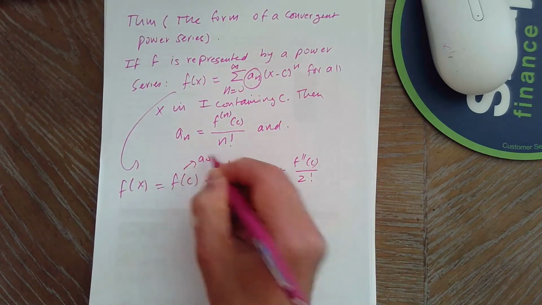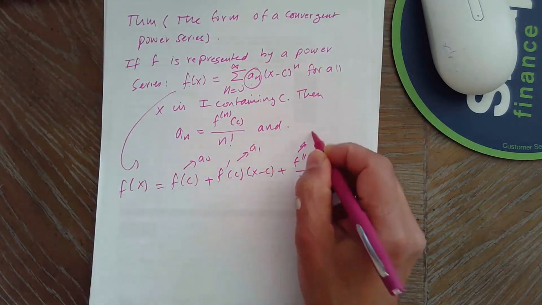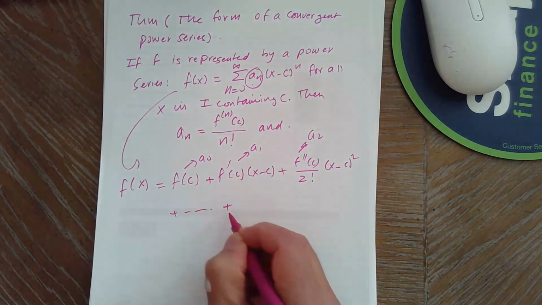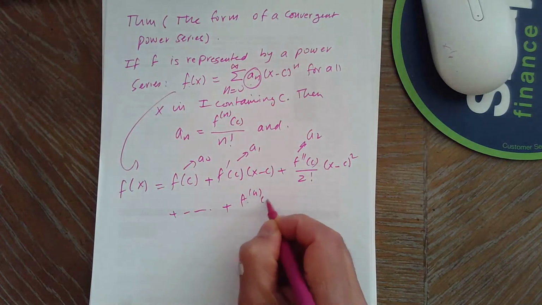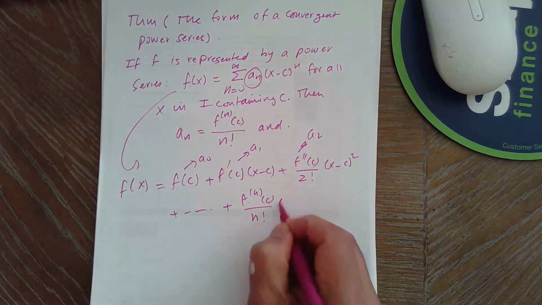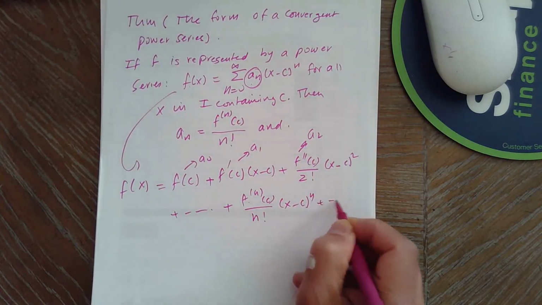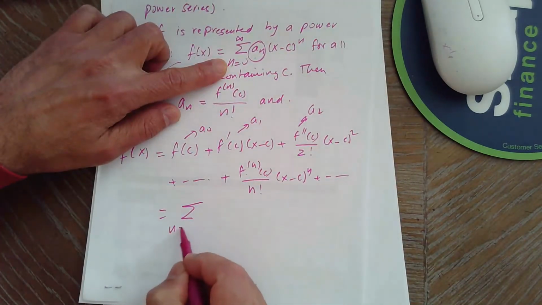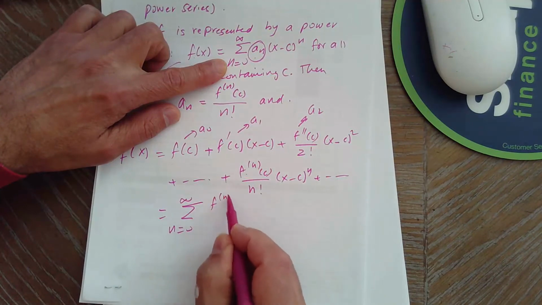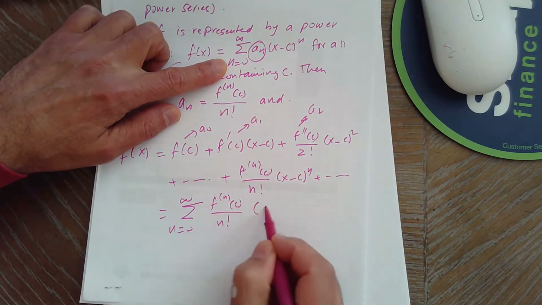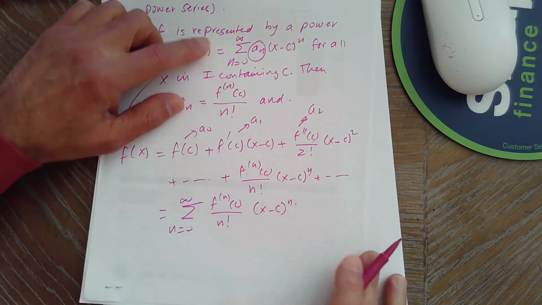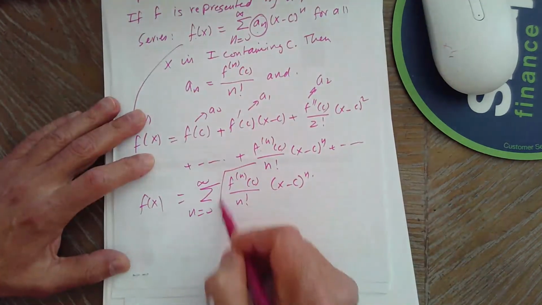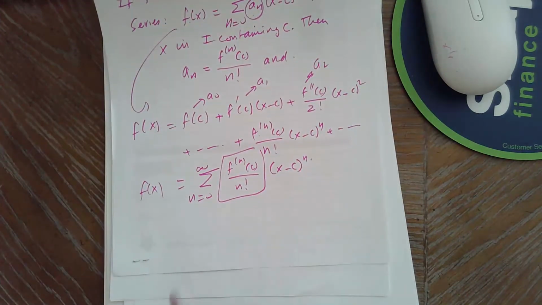Remember, this is a0, this is a1, this is a2, plus a_n, the nth derivative at c over n factorial times (x minus c) to the n, and so on. And we can write the power series sum from 0 to infinity of the nth derivative at c over n factorial times (x minus c) to the n. So we can write the function as a power series whose coefficients are the derivatives of that function.